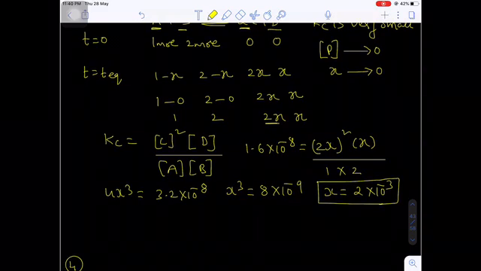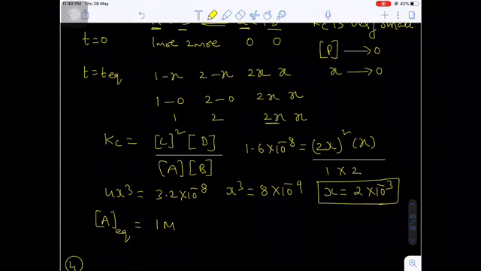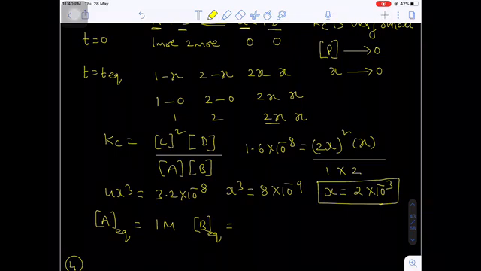Now from here, the concentration of A at equilibrium, how many moles of A? 1 mole per liter. Concentration of B at equilibrium is also 2 minus 0, that is 2 moles, and the container volume is 1 liter.